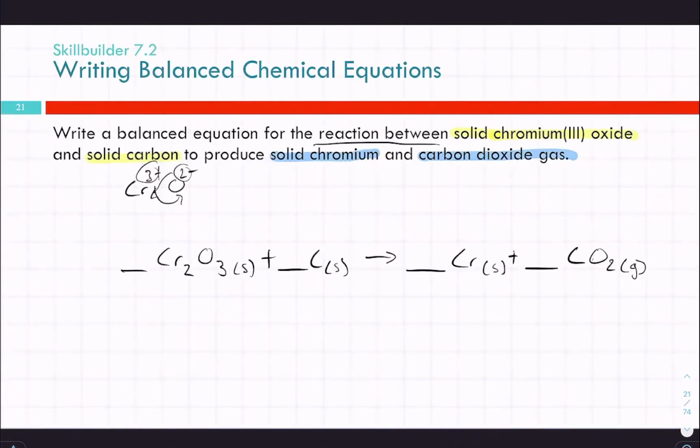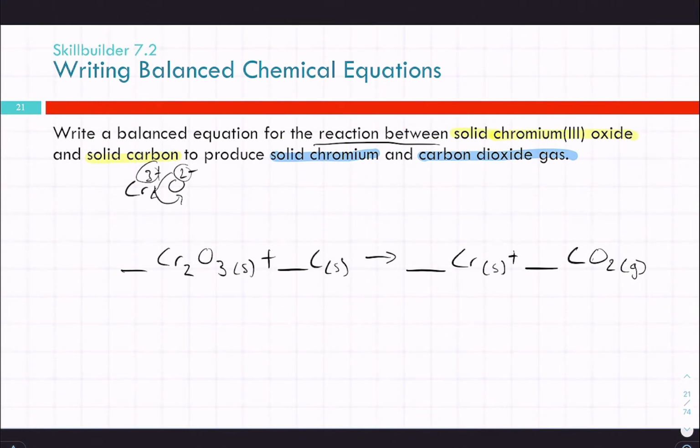All right, so elements that only occur in one compound on either side. Carbon only occurs in carbon dioxide. Chromium, they're also by themselves, right? So they're only occurring in one on both sides. We have chromium also occurring here. And chromium is a metal, carbon is not.